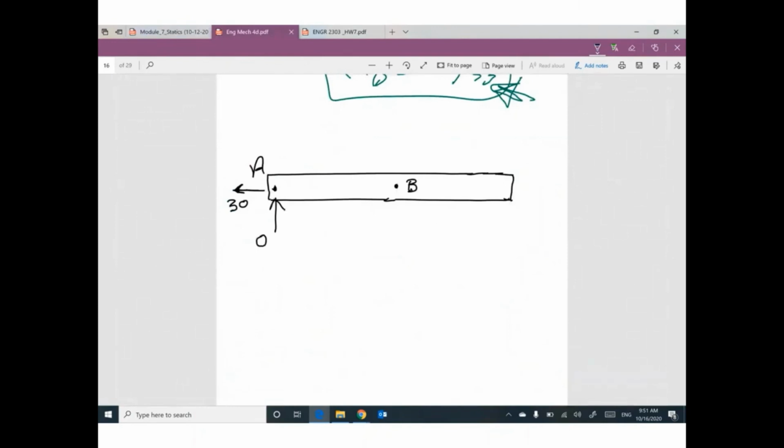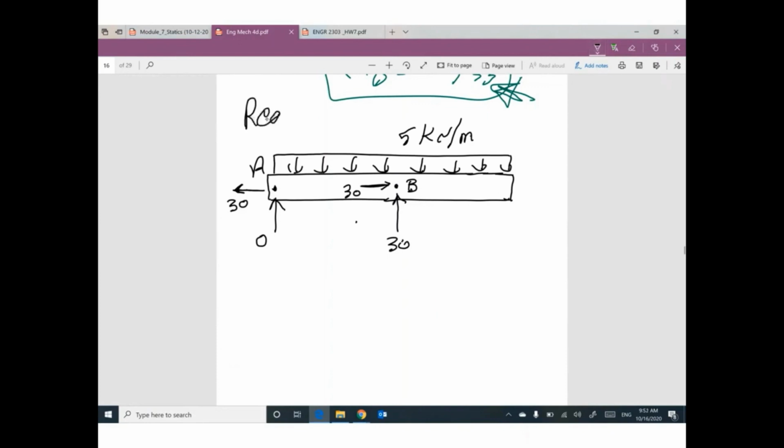We have here R, which gives you vertical reaction 30 and horizontal reaction 30. And we have uniform distributed load, 5 kilonewton per meter. I'm going to forget this R because you already have the vertical and horizontal ones. This is the first step, reactions.